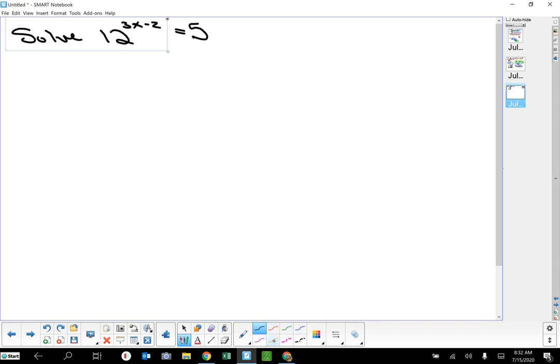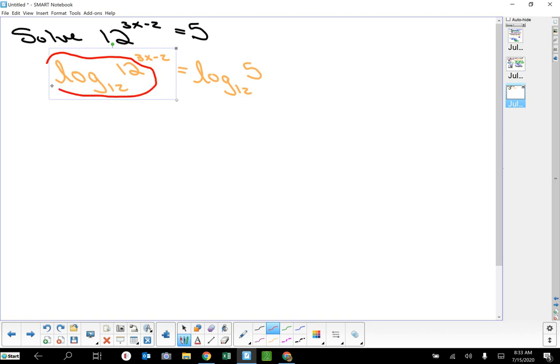So I'm going to take log base 12 of 12 to the 3x minus 2, set that equal to log base 12 of 5. Well, here, this is all going to cancel, leaving me just the exponent equals log 5 over log 12.